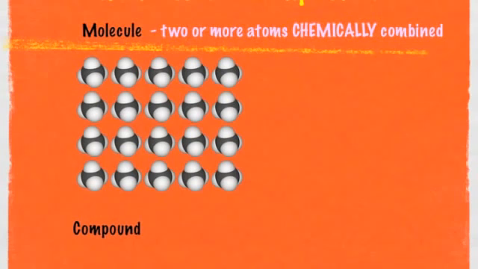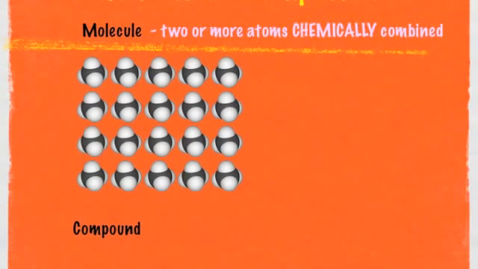So there's a molecule. What's the relationship between a molecule and a compound? Well, the best way to do that is to, again, direct your attention to that molecule there. If that's a molecule, then the compound is this. So the relationship that we saw between atoms and elements is the same exact relationship that we see between molecules and compounds.